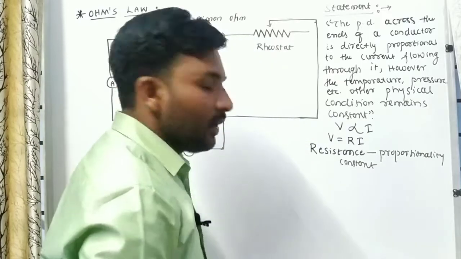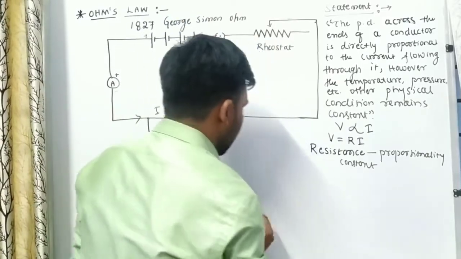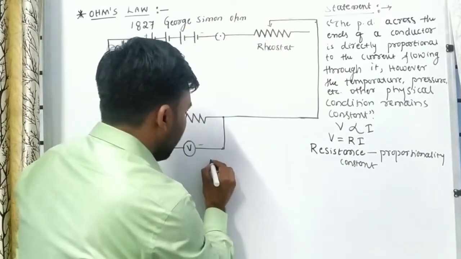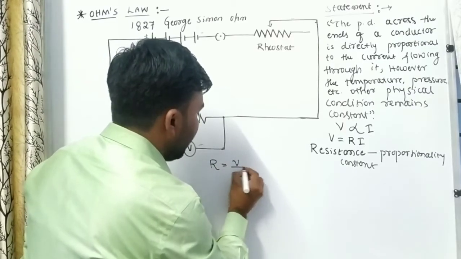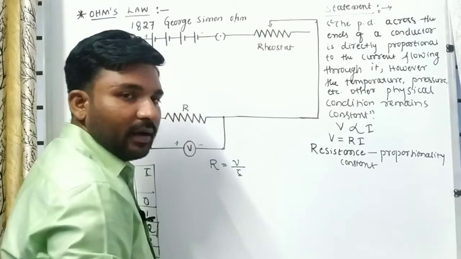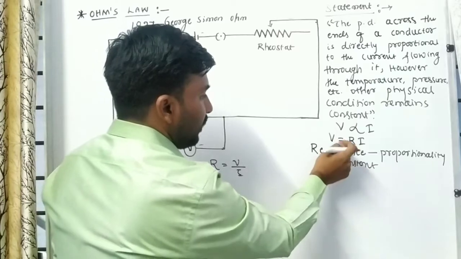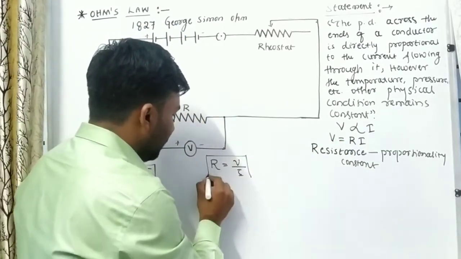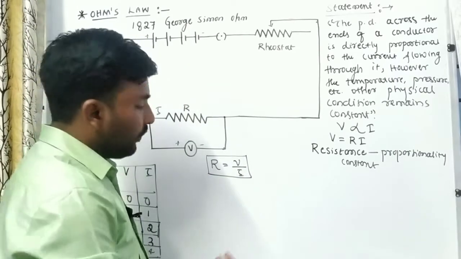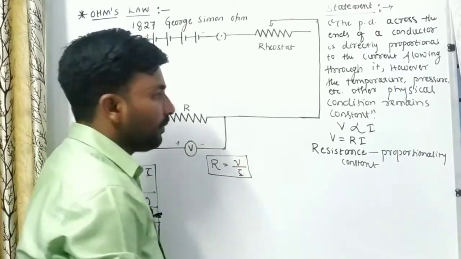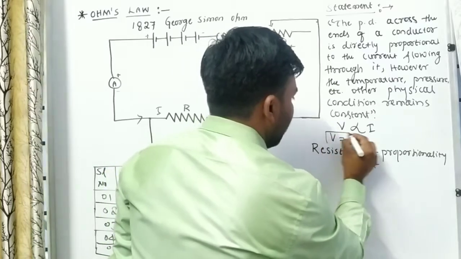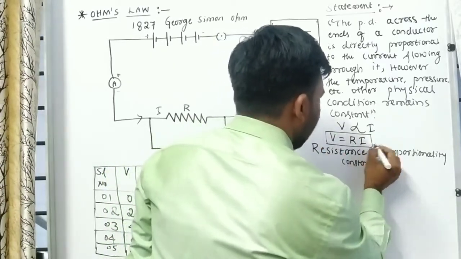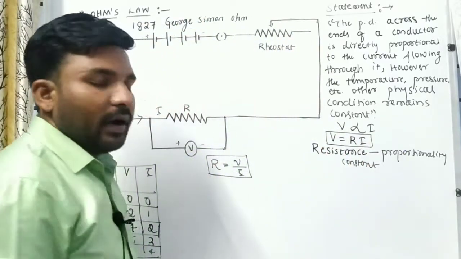Now this resistance R is equal to V by I. R is equal to V by I. So resistance is the ratio of V by I. We have one more expression, V is equal to R into I.